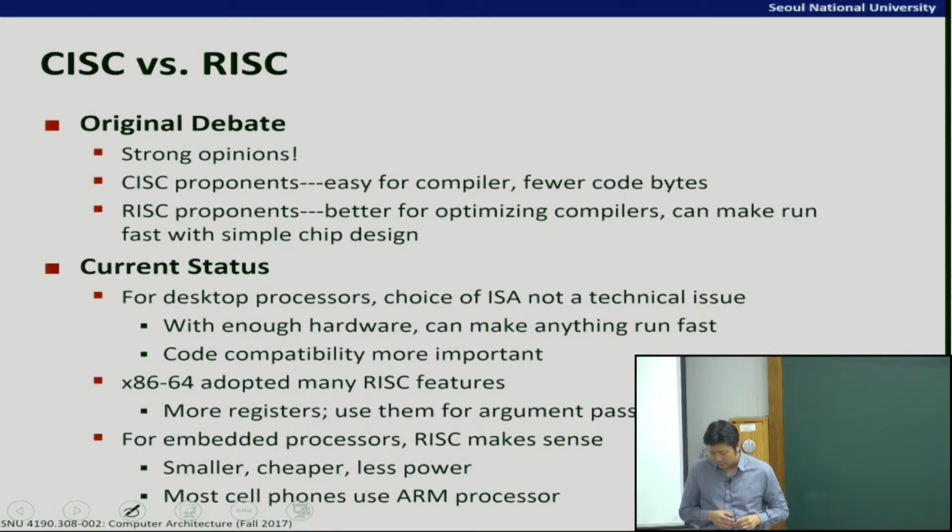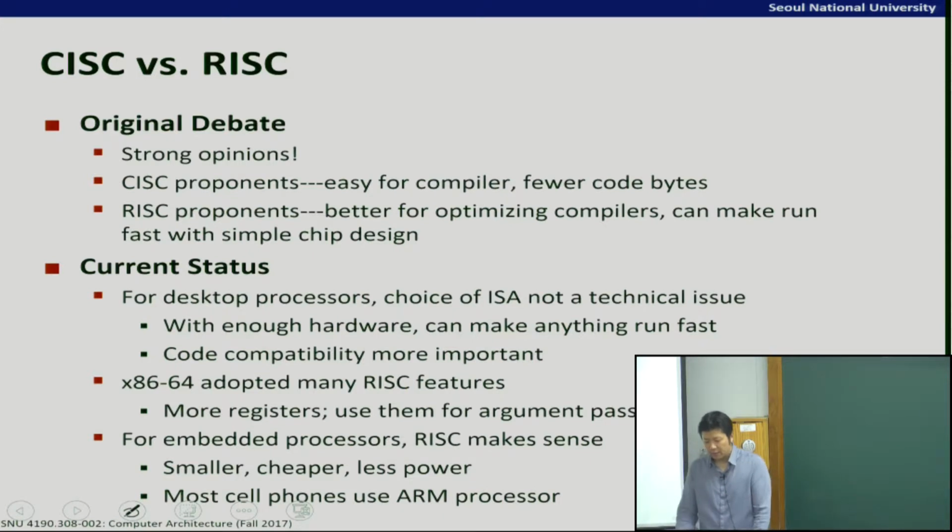With enough hardware, you can make anything run fast, either CISC or RISC. So x86-64 is adopted, but x86-64 adopted many RISC features such as more registers and using them for argument passing.